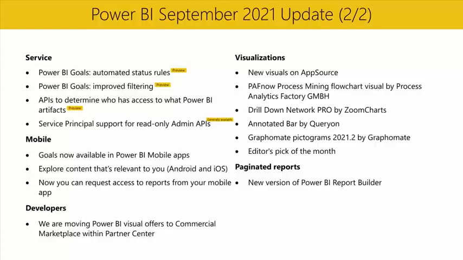And updated this month are the PAF Now Process Mining Flowchart visual by Process Analytics Factory GmbH, the Drill Down Network Pro visual by Zoom Charts, the Annotated Bar Chart by Quirion, and the Graphimate Pictograms visual by Graphimate.